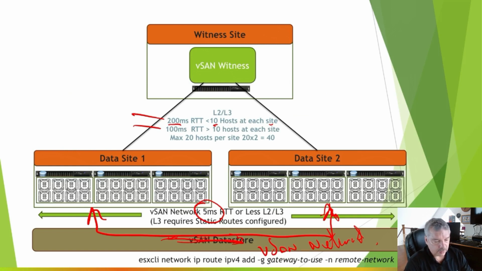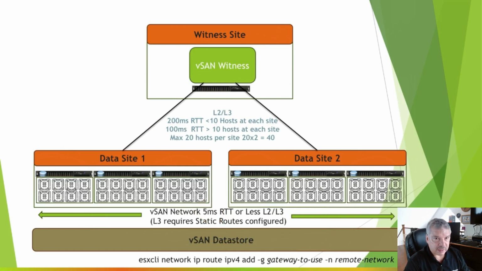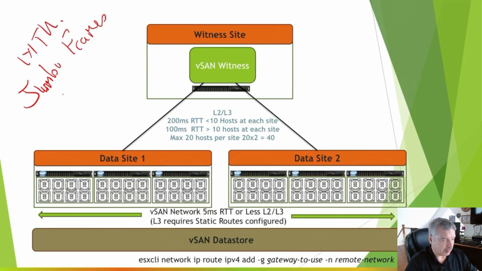The other thing, too, with vSAN, you're transferring a lot of data. So you want to use something like jumbo frames. So you want your MTU, maximum transmission unit size, to be like, let's say, 9,000, right? Anything larger than 1,500 is a jumbo frame. So on your vSAN network, you want to have that 9,000 MTU here.